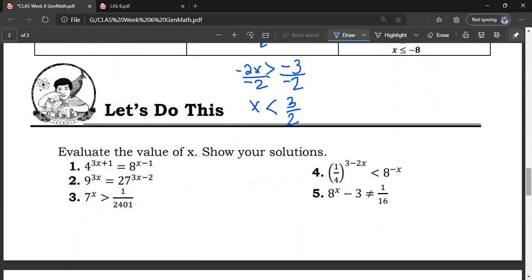Ayun po, class. Ngayon, class, dito sa Let's Do This, all you have to do is to evaluate or to find the value of x, and you need to show your solution. Again po, class, I do not require you to submit this part. Ito na lang yung pagpapracticean ninyo.